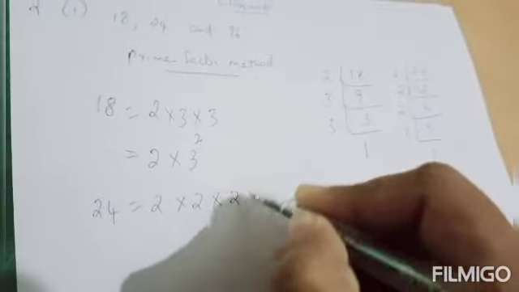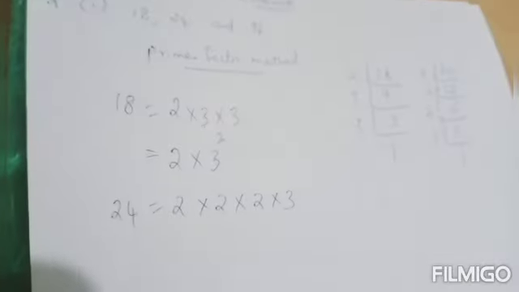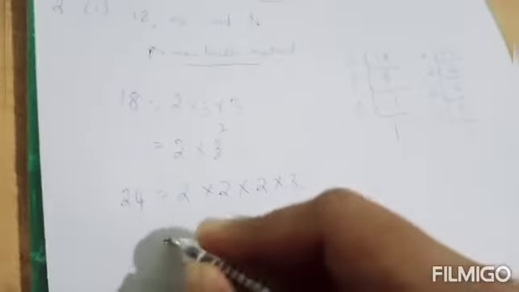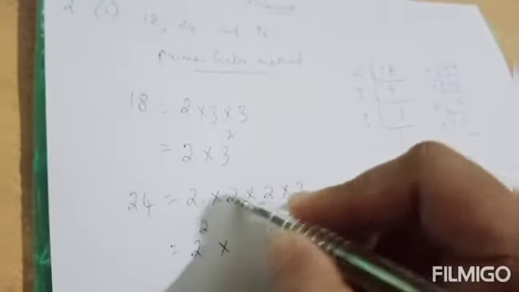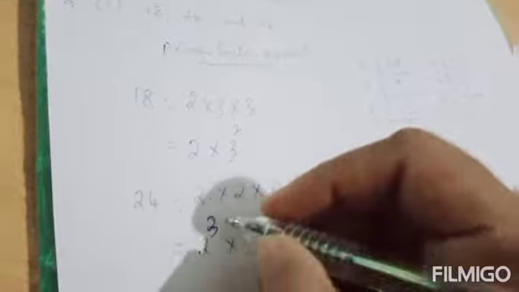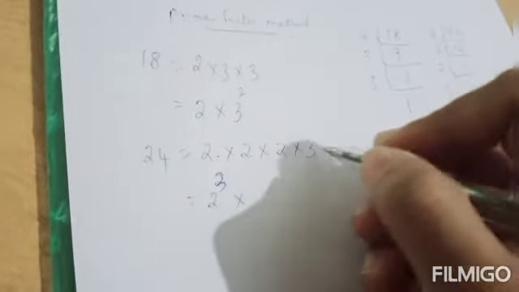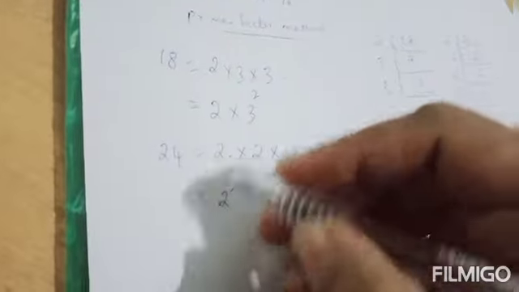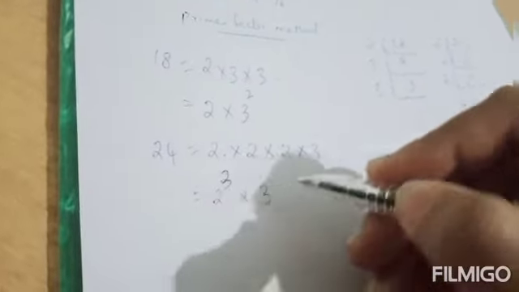How can you write this? 2 into 2 into 2 is 2 raised to the power 3, or 2 cube. So 24 in index form is 2 cube into 3.